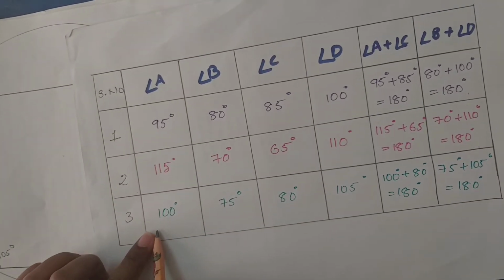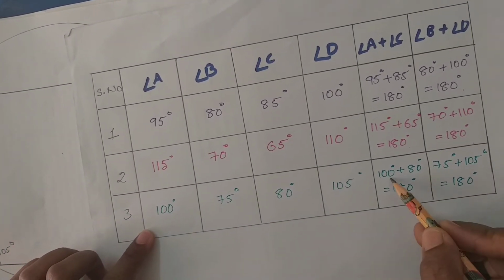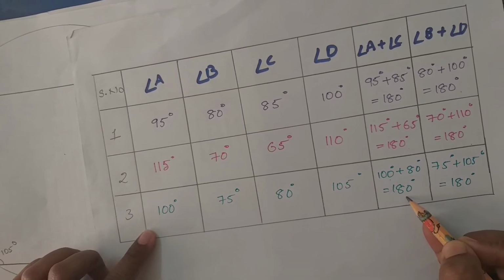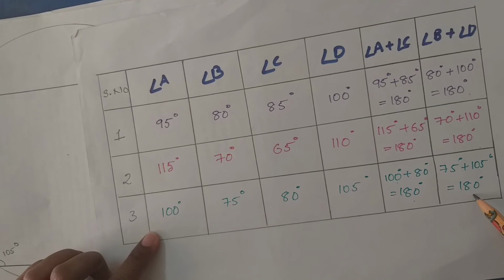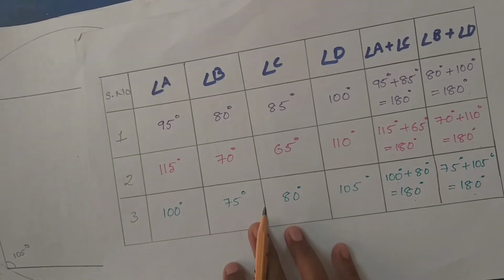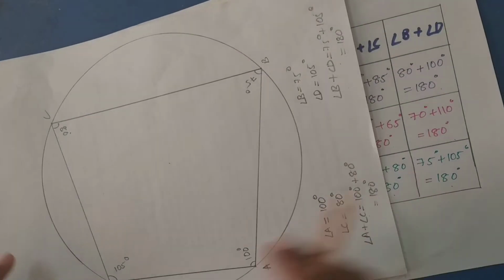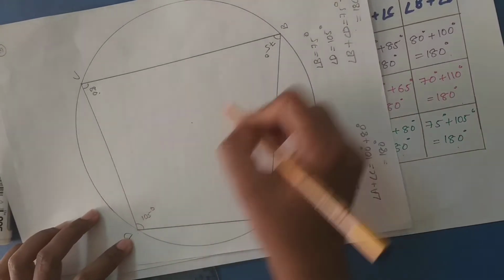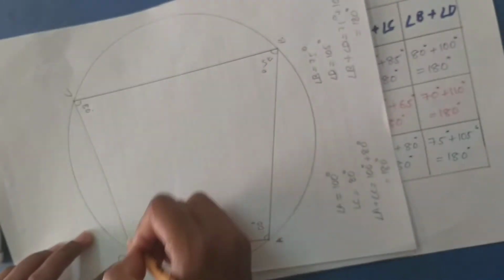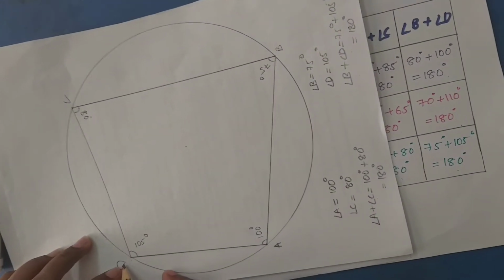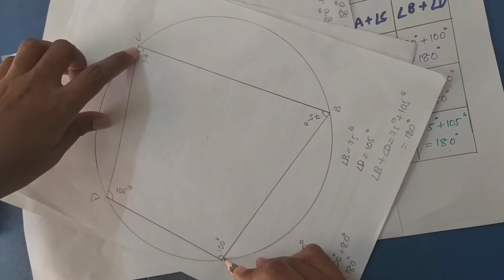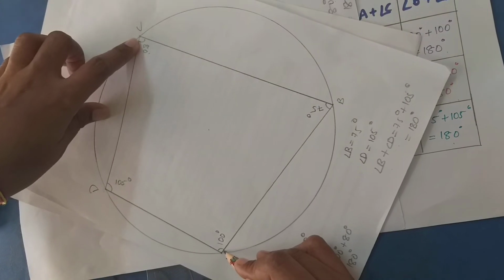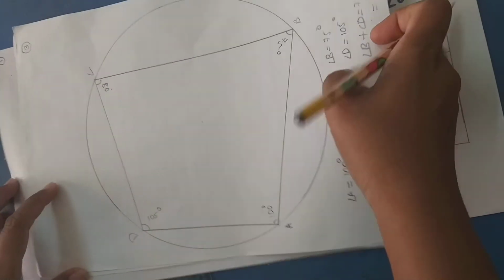So the opposite angles of a cyclic quadrilateral are supplementary, meaning angle A plus angle C equals 180 degrees. We can prove it by using a theorem.